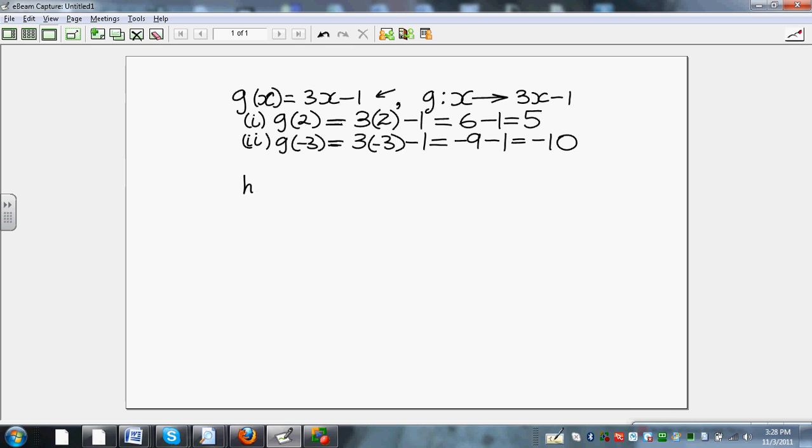So basically, if h of x is equal to x squared minus 1, find values of x when h of x is equal to 8. That's what we need to do.